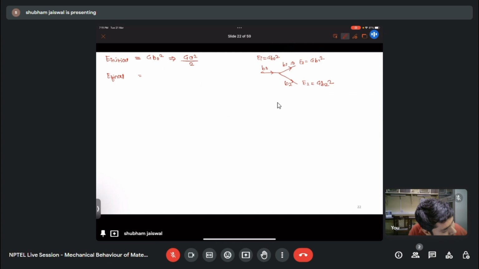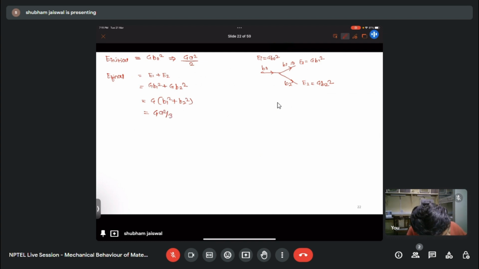So the final energy will be E1 plus E2. So this will be G b1 square plus G b2 square, so b1 square plus b2 square, and it comes out to be G a square by 3.